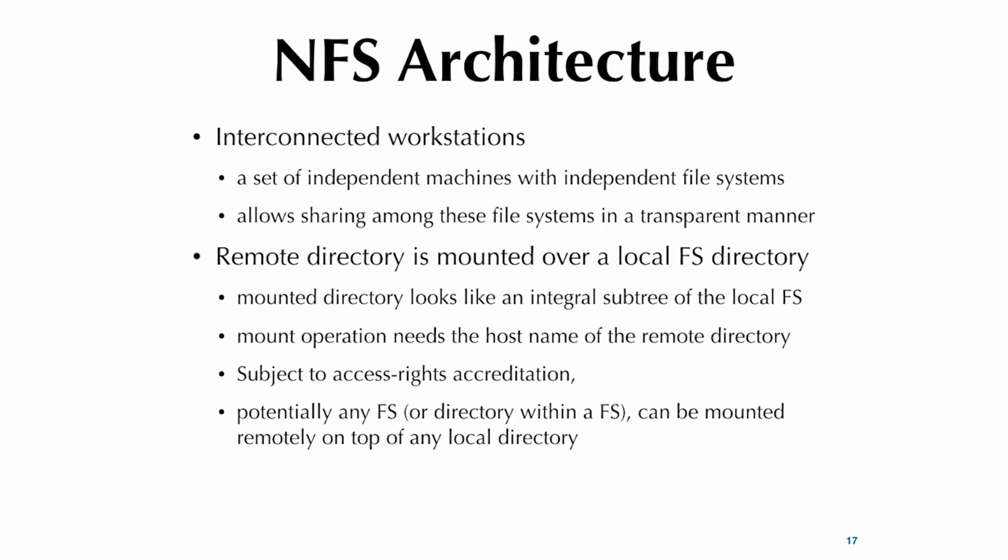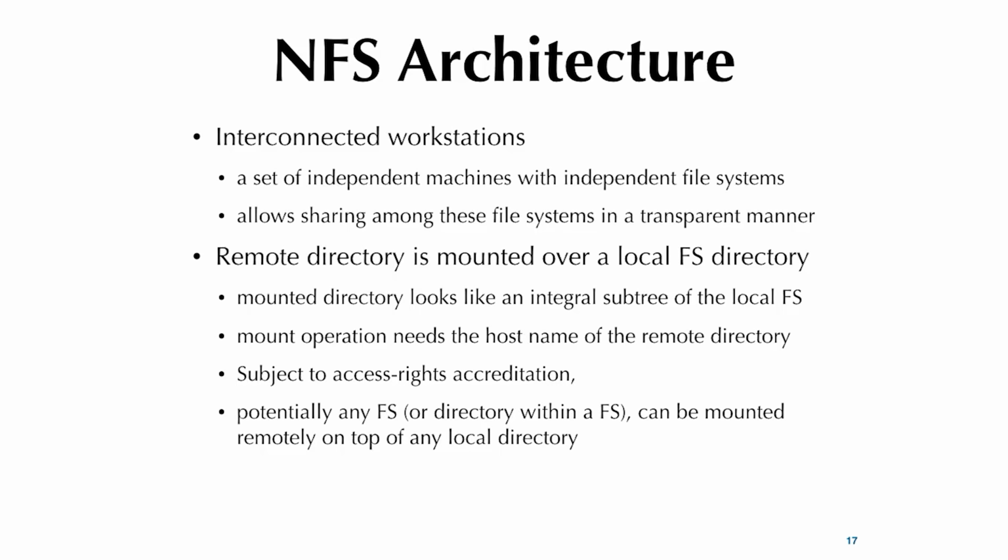Now, the architecture is really interconnected workstations. These machines have independent file systems, but they can mount each other's file system. That way, I can log into any machine, and I don't care where my home directory is. It just does it automatically. A remote directory is mounted over a local file system directory, so any machine I log into looks exactly the same.